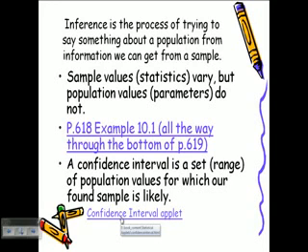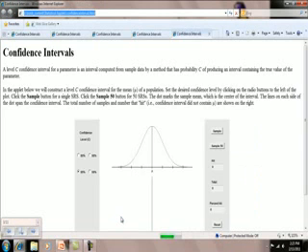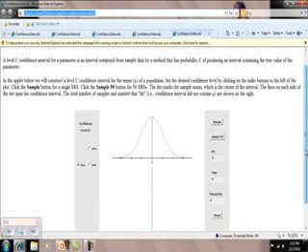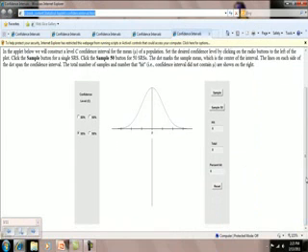If you would, please click on the confidence interval applet and you can follow along with me as we investigate the various options available on this screen. Feel free to read the information at the top of the page. I will talk through a lot of that as we go on through this example. Let's look at the various options on this applet.